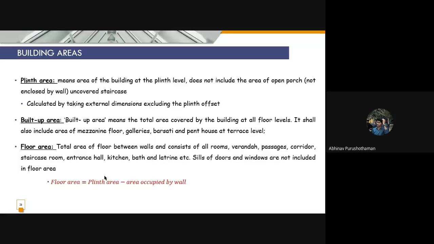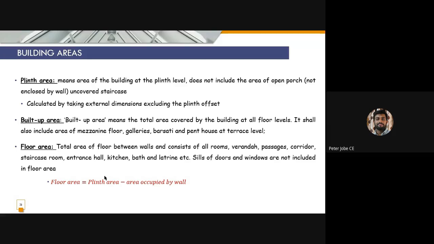So what all things will come under plinth area, and what all things we don't include under plinth area? Sorry, sir, I didn't get that part. So actually, we will include all the closed areas.